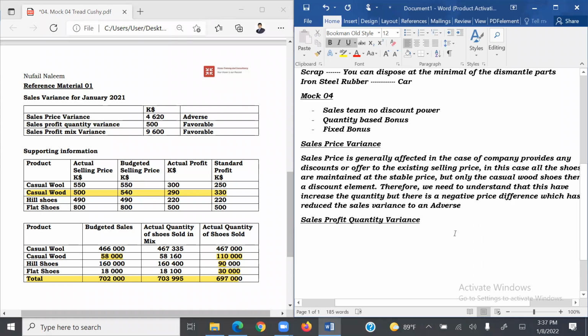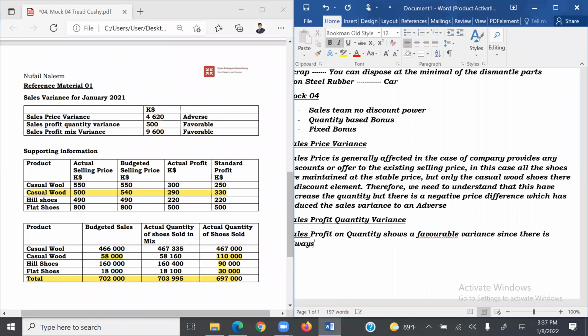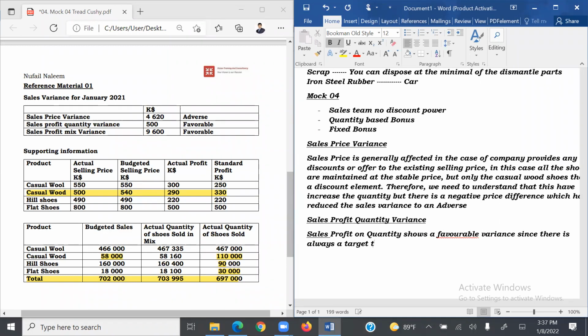So students, if you observe, the sales profit on quantity shows a favorable variance, since there is always a target that is set by the management for the sales team. I believe this has given a better understanding.